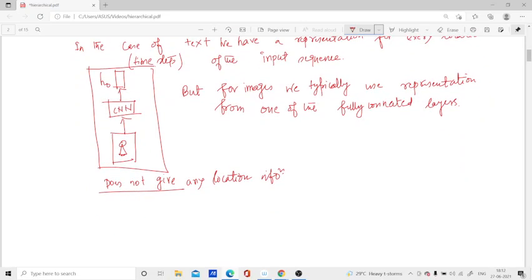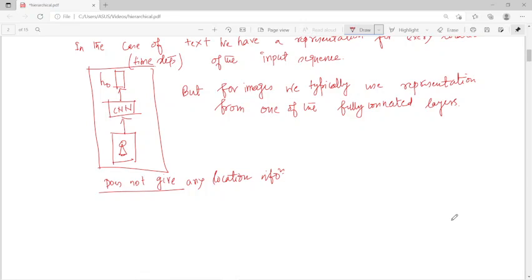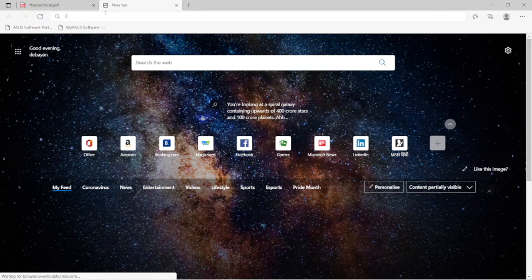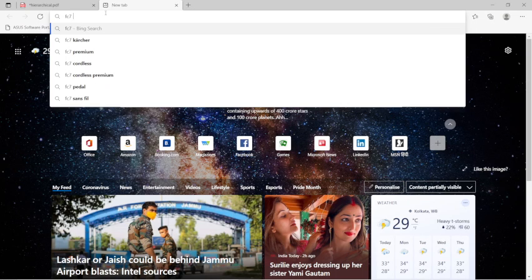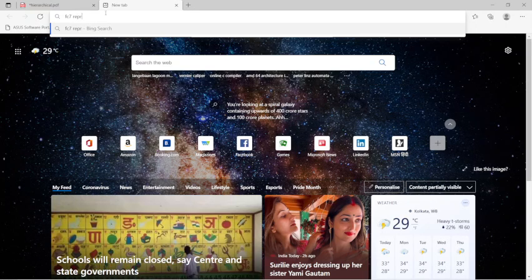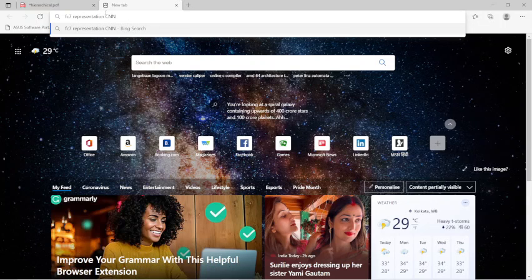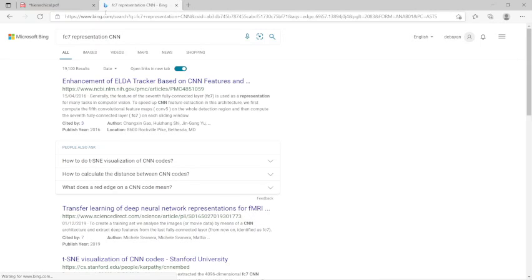The thing is that if we say the representation we used is FC7, and of course FC7 is also a convolutional neural network representation. FC7 is a fully connected layer representation used as CNN features.